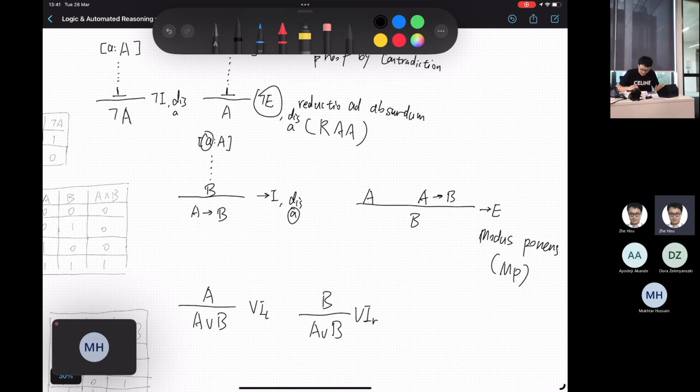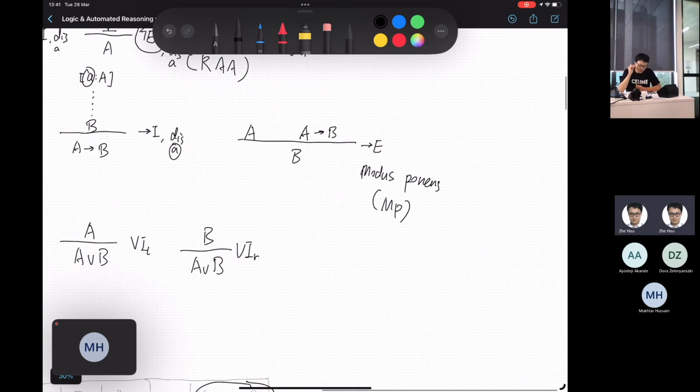Okay. Right, so the last inference rule in this whole calculus is the elimination rule for OR. And this one is a little bit tricky. So we want to eliminate OR. Right, let's say we have A or B. What can we get from A or B?